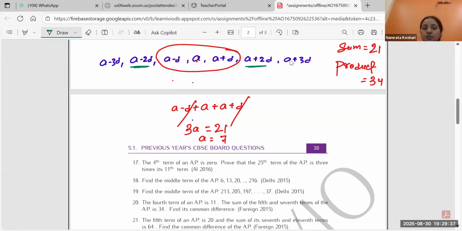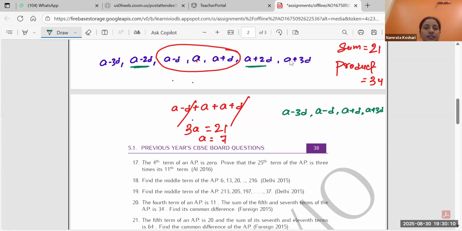So previously I was talking about even number of terms. The question which we have done just now, there we had 4 terms, and after discussing how we will take the 4 terms, we also discussed how we will take the 6 terms. Okay, even number of terms you need to understand. When we are supposed to take even number of terms, 4 terms, we will take terms like this: A minus 3D, A minus D, A plus D, A plus 3D.